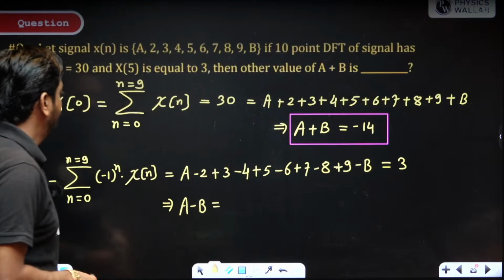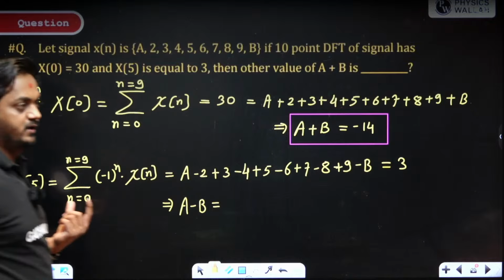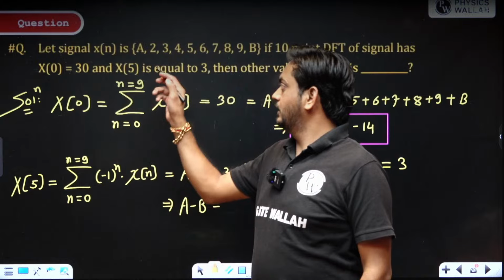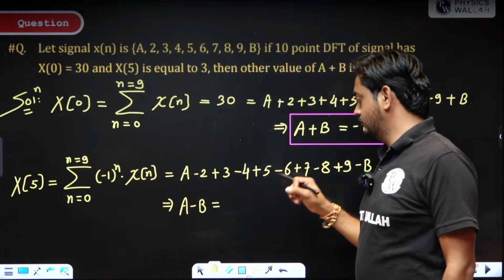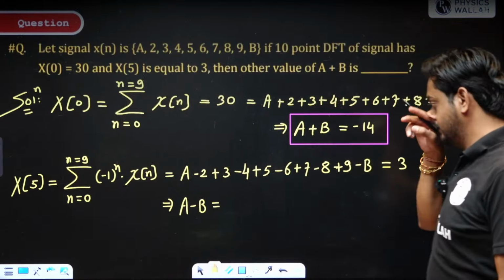Are you getting? This is half point DFT, guys. Half point DFT means alternate sum and subtraction. That is a minus 2 plus 3 minus 4 plus 5 minus 6 plus 7 minus 8 plus 9 minus b. So tell me the value of a minus b here.